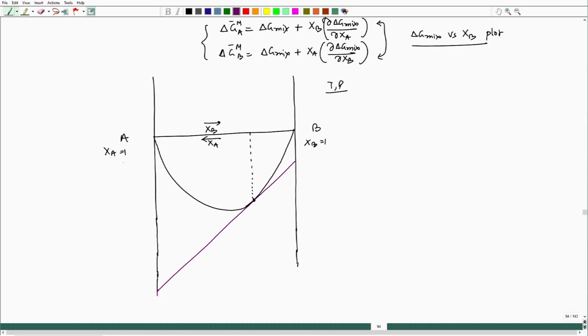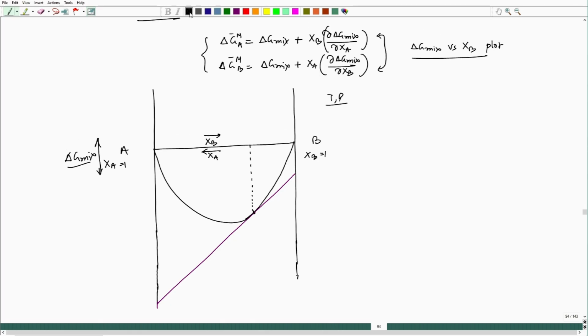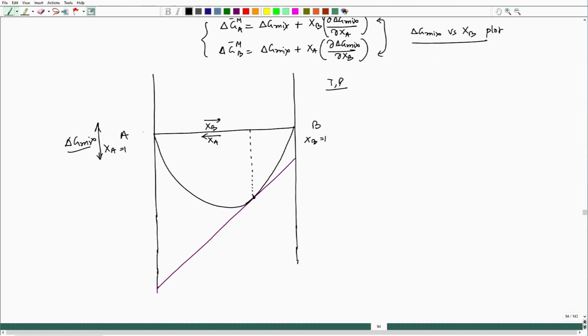This is the delta G mix variation on the y axis, and x axis is nothing but mole fraction of A and B. Let me just mark these points: this point as A, B, let us say this point is C, this is D, or let us say E, and this point, let me put F.